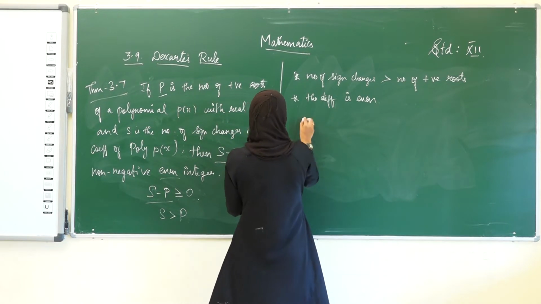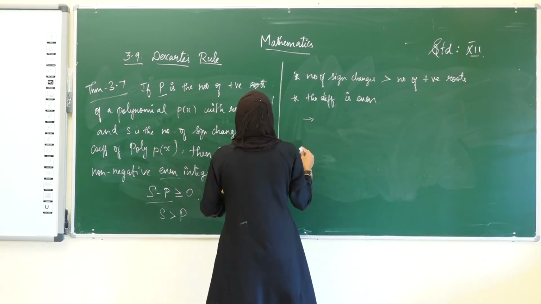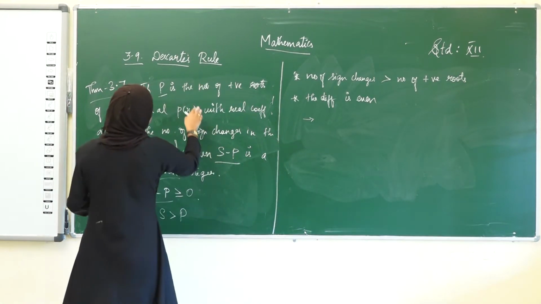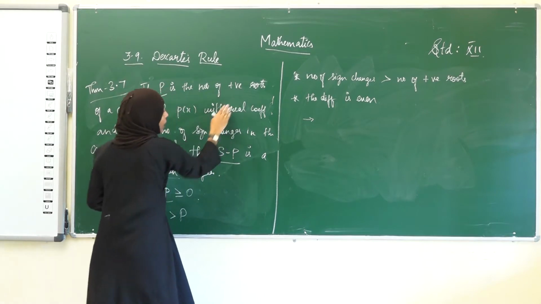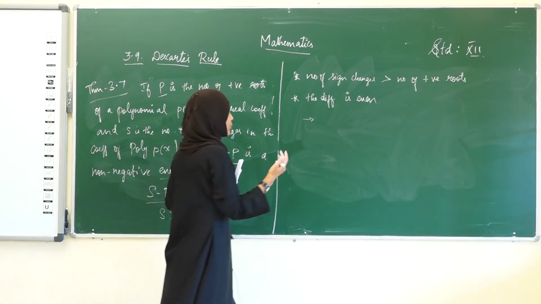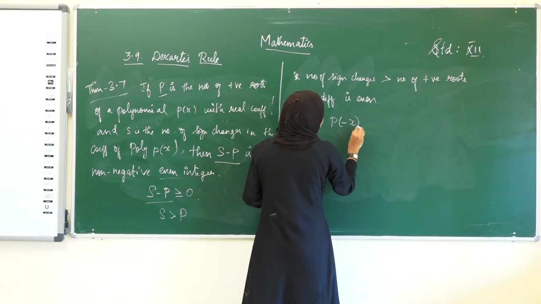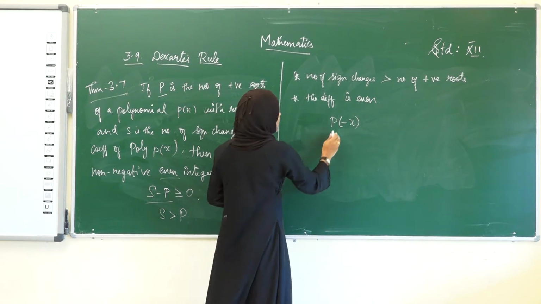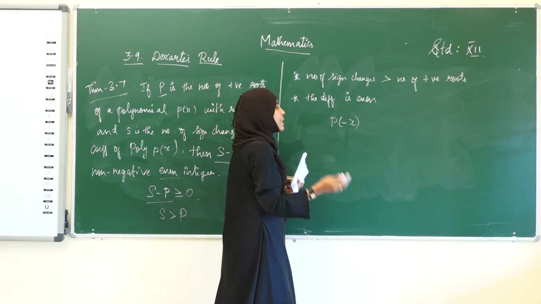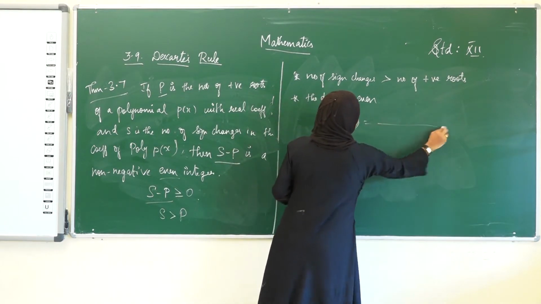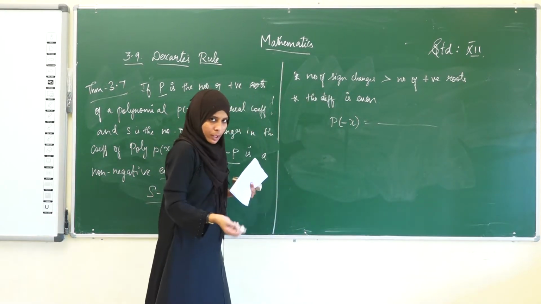Okay, so from this, see here they have considered only positive roots. From this we can also take negative roots. See, before taking the negative roots, what we should do is substitute minus x instead of x in the polynomial. Therefore, we will get another equation.